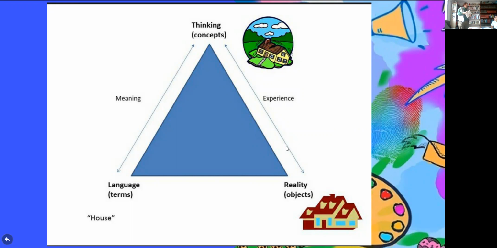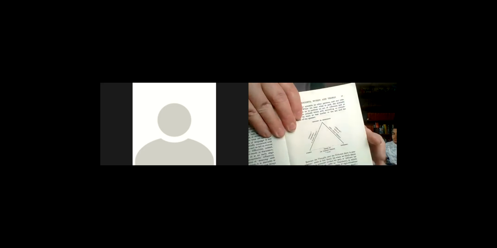this is the original, where they have this idea that you've got a symbol, right? In this case, yeah, you can see it. You've got a symbol. So that symbol is a word.